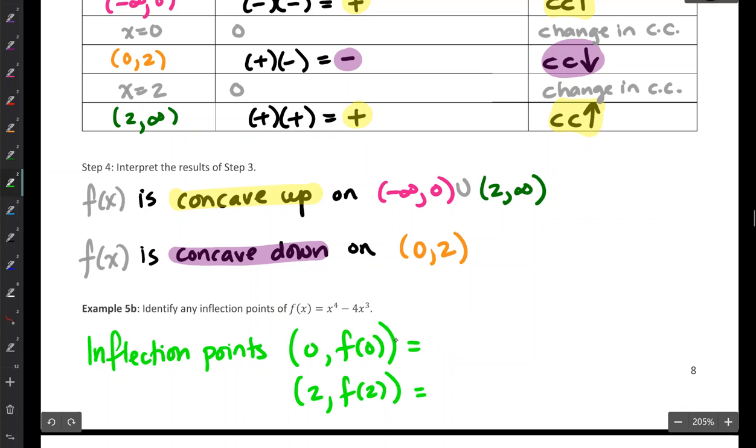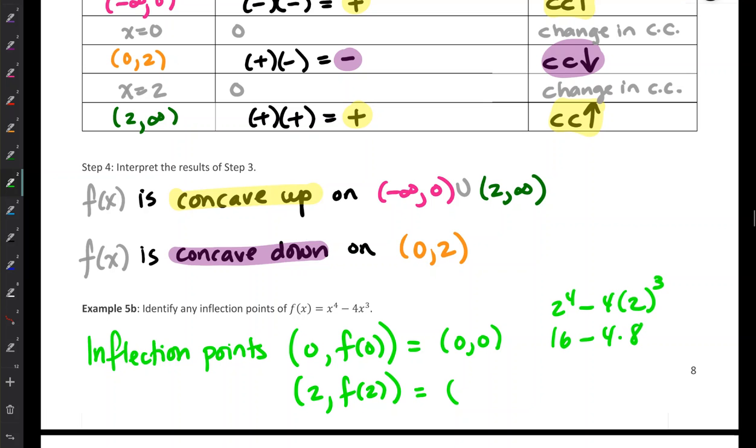Okay, so I'm plugging into my function. f of 0: 0 to the 4th is 0, minus 4 times 0 cubed is minus 0, 0 minus 0 is 0. And then plugging in 2, 2 to the 4th minus 4 times 2 cubed. 2 to the 4th is 16, minus 4 times 8. We've got a minus 16, I think. All right, so here we have it, 2, comma, minus 16.